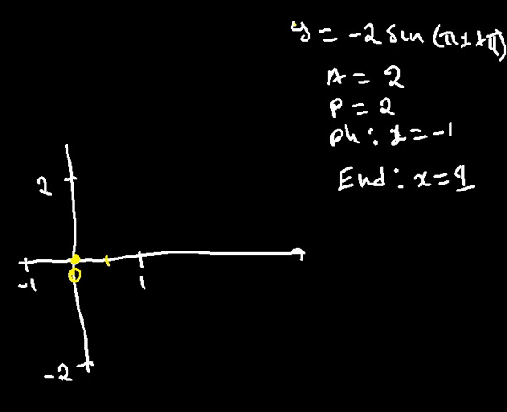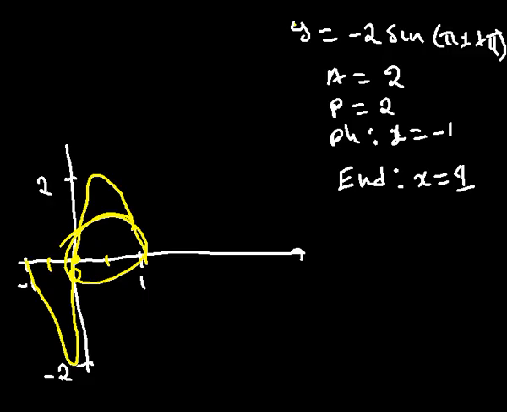Now since this is negative, it means the graph is reflecting. So the graph has to go like this. And the graph has to go like this. Of course, that is a graph you should have.